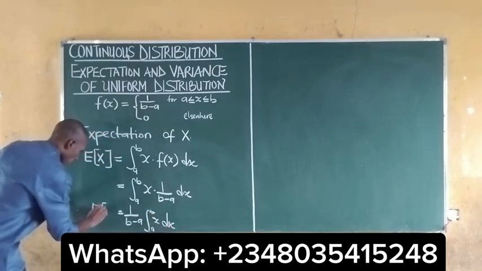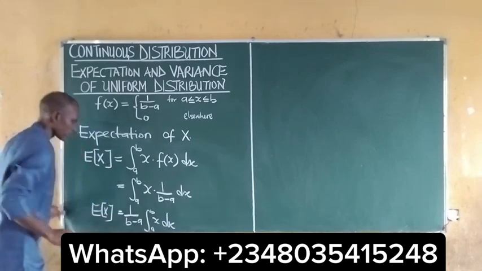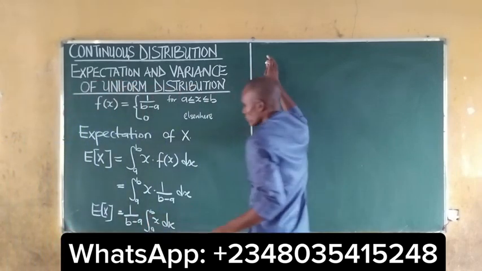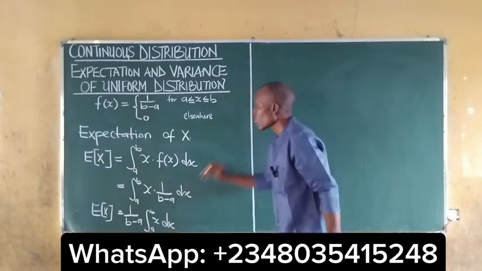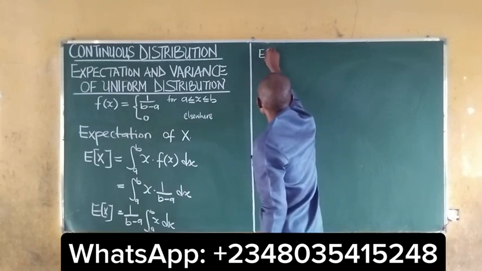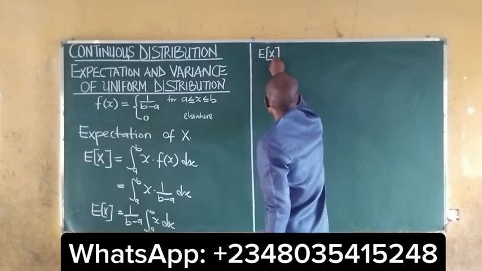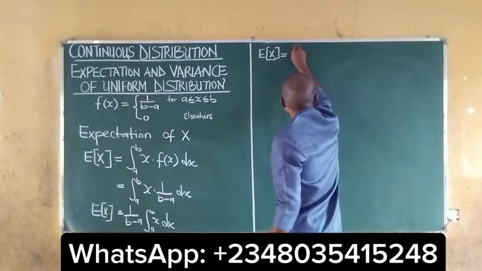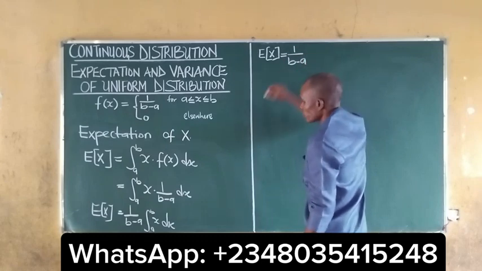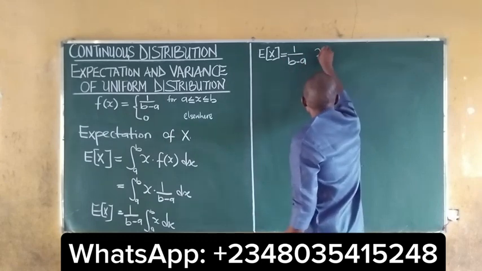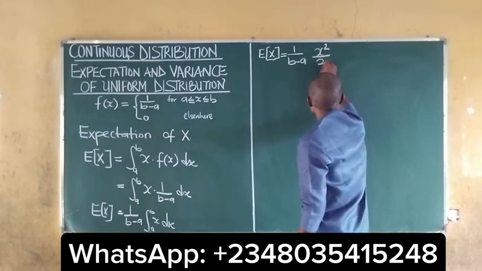This is still our expected value of x. If we come over to this side, the next thing to do is to integrate x. So we have as our expected value of x, 1 all over b minus a. If we integrate x, we get x squared all over 2.